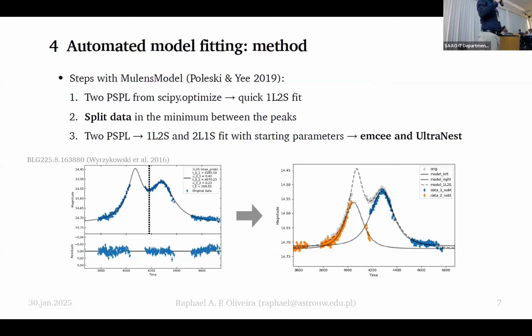So I split the data into 2. I fit the PSPL independently, and this gives starting parameters for both binary source and binary lens, which I fit with MCMC and UltraNest to get the evidence.